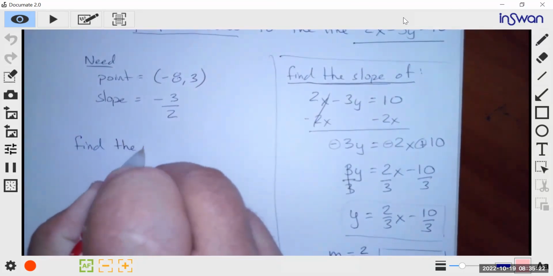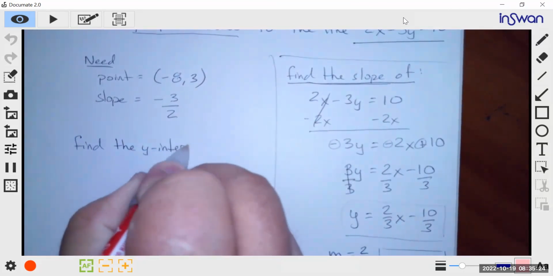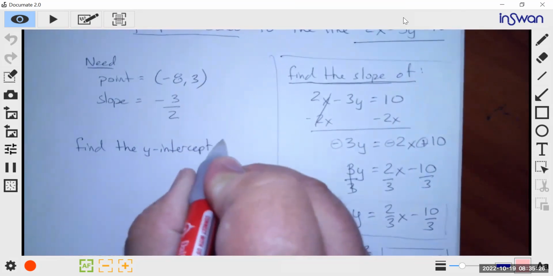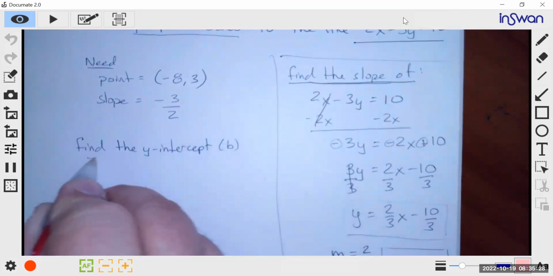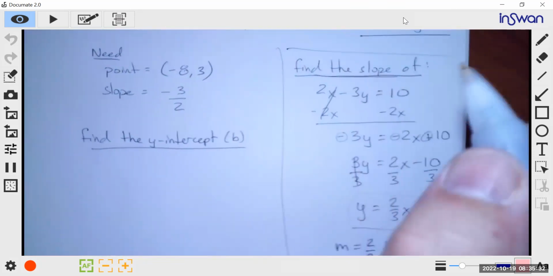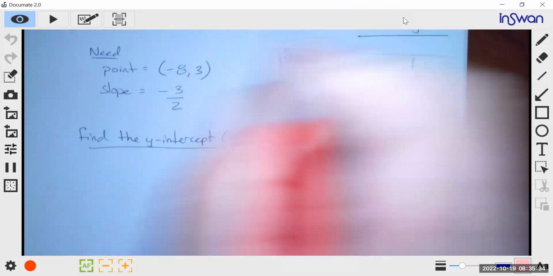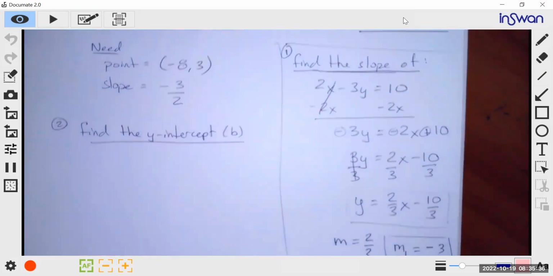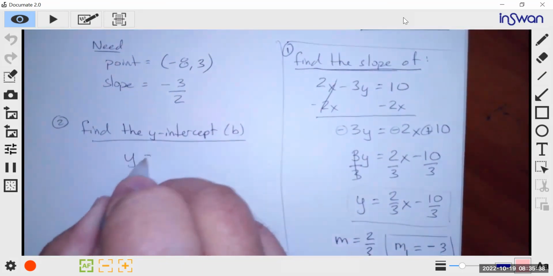Now we have to find the y-intercept, which is the b value. This is the first thing we have to do. This is the second thing we have to do. So we plug it into this equation.